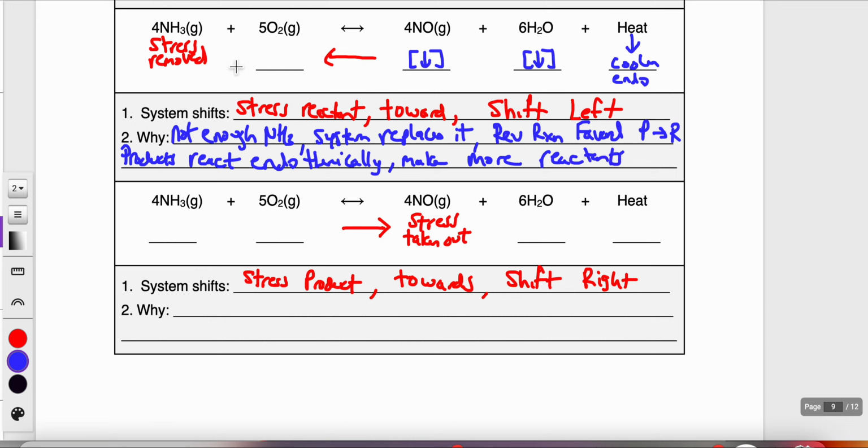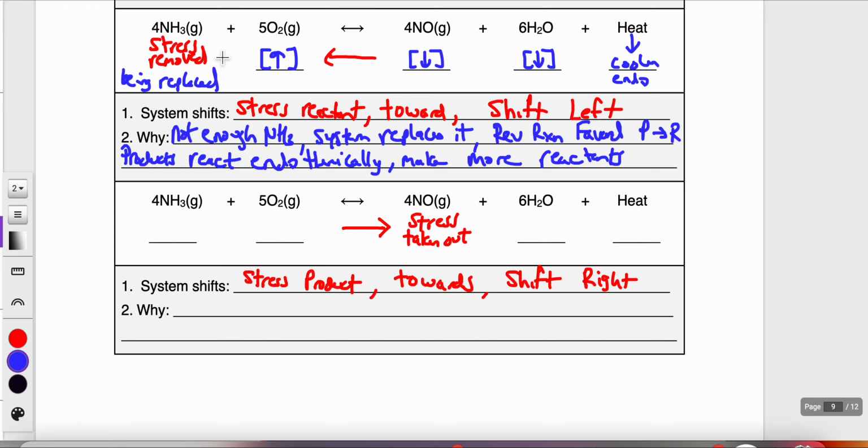So on the reactant side, O2 is there, so the O2 concentration is going to increase, and now the NH3 is going to be replaced. The purpose of shifting is to replace, so being replaced.